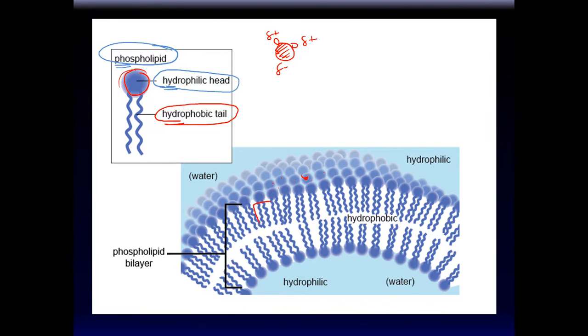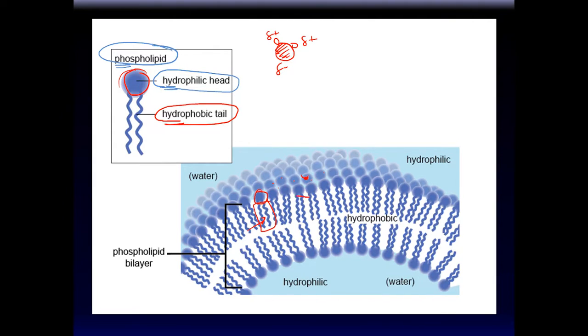So this side of the phospholipid molecule does not like water. In other words, there's nothing here that is able to interact with either the positive or the negative part of a water molecule. So this part is like pure oil.